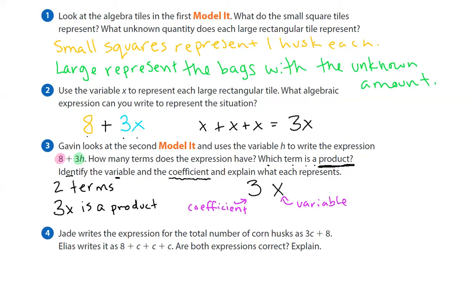Well, the coefficient in this case represents how many bags. And the variable represents how many husks per bag. So number of husks per bag. And that's why it's a variable, because we don't know. They did not tell us.